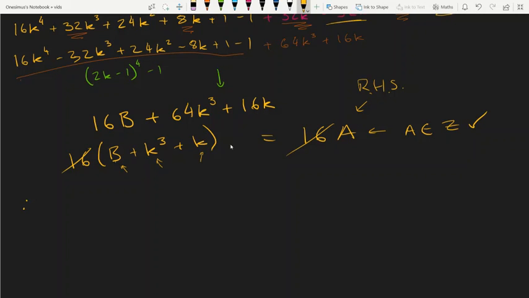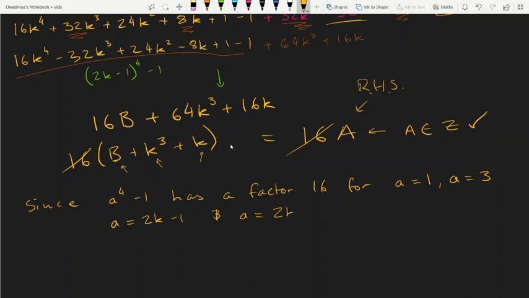It goes along the lines of: therefore, since a to the 4 minus 1 equals 16b, or has a factor, let's write it fully, has a factor for a equal to 1 or 3, I'll write both: a equals k, and a equals 2k minus 1, and a equals 2k plus 1.